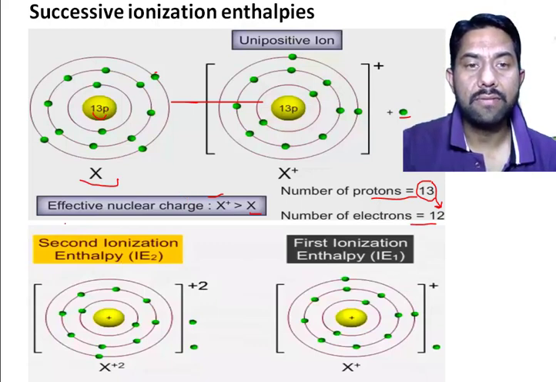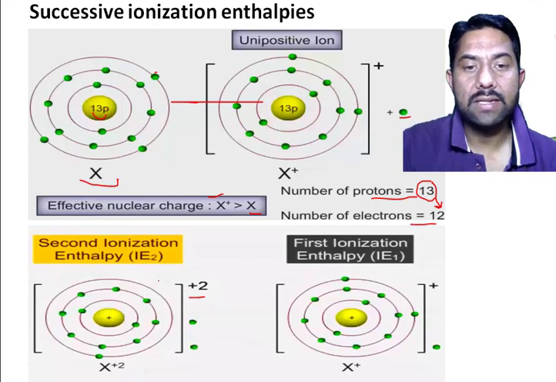Now in the same manner, for the second, when there is bivalent ion formation, or X2 positive ion, that means 2 electrons are removed. So again, the effective nuclear charge tends to increase.